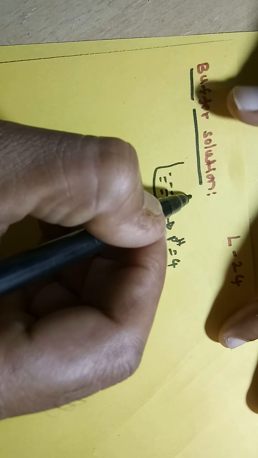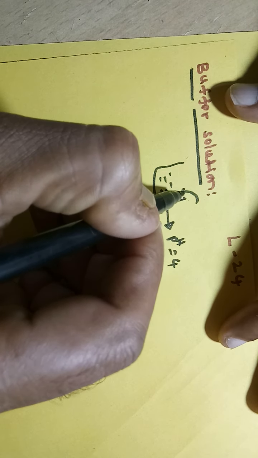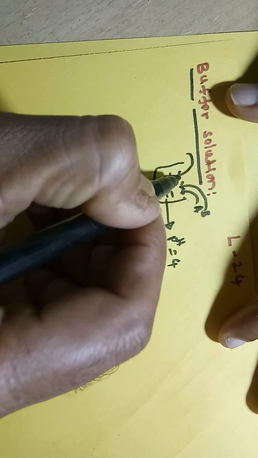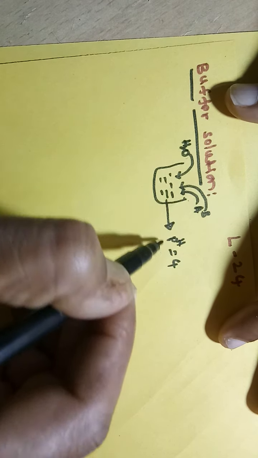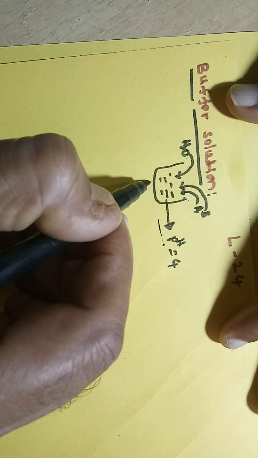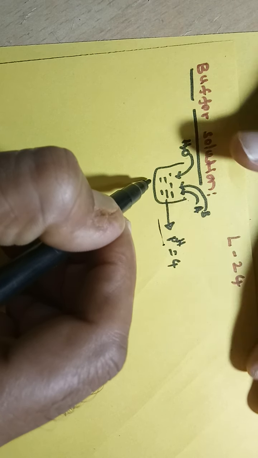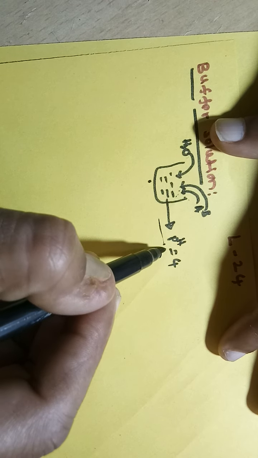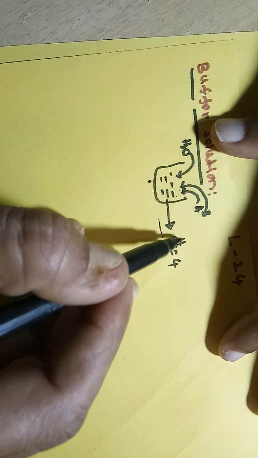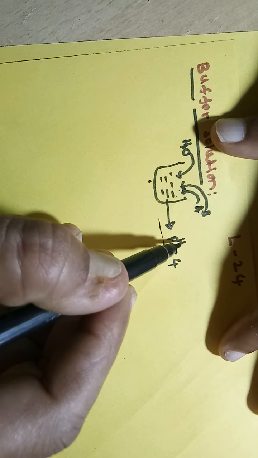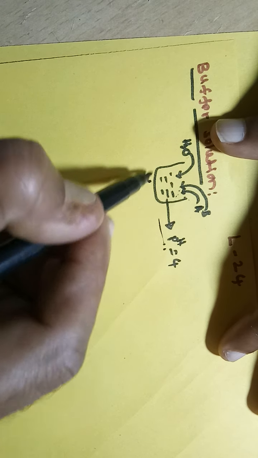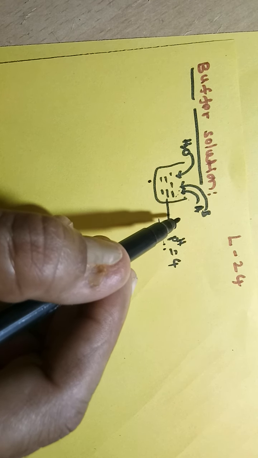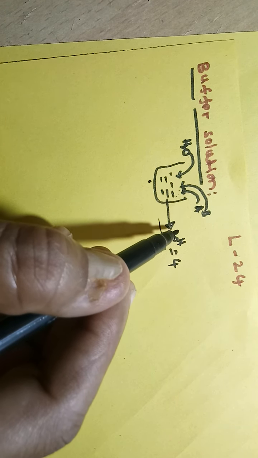By addition of a small quantity of acid or base or water, if the pH value of this solution is not changed, then it is called a buffer solution. The solution which is not ready to change its pH value by addition of a small quantity of acid or base or water is called a buffer solution.